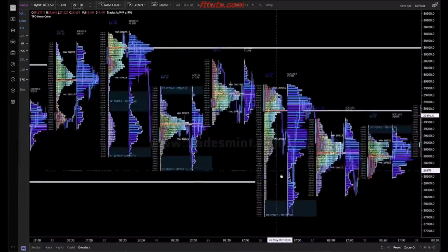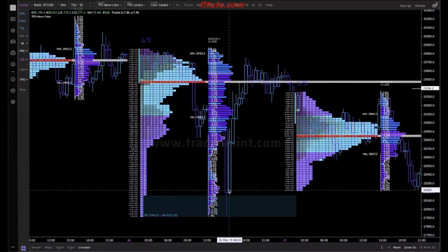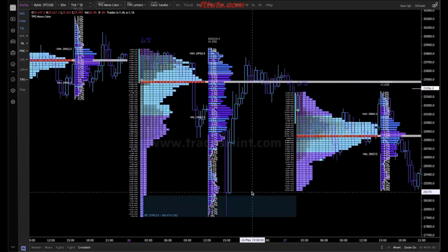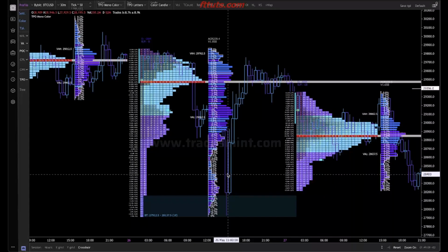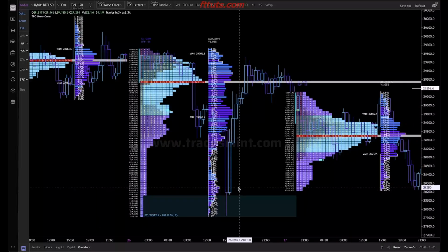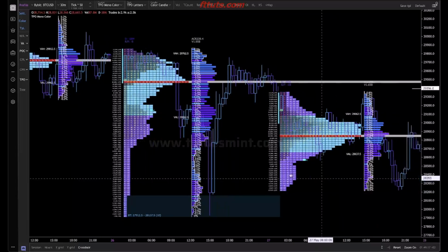So if there is a buying tail, that means for me that it's a valid SFP, and that's why I often say wait for a 30-minute close, because this is a 30-minute time frame, and the buying tail gets confirmed after a 30-minute close.